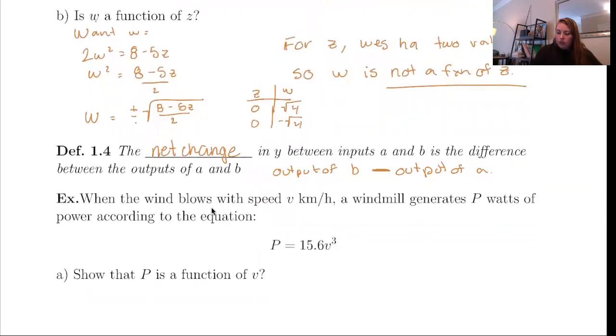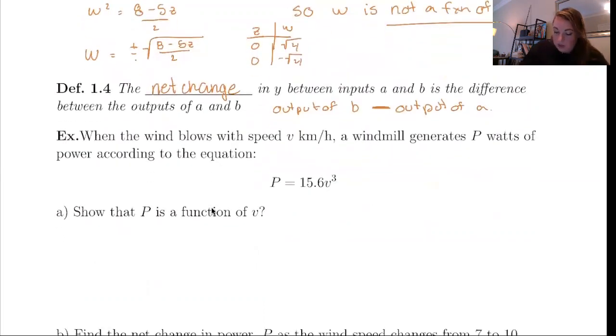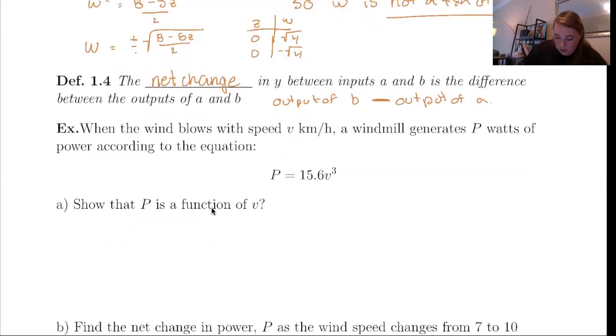So when the wind blows with speed V, which is in kilometers per hour, a windmill generates P watts of power, according to the equation P equals 15.6 V cubed. So show that P is a function of V. So I'm already set to P equals 15.6 V cubed.